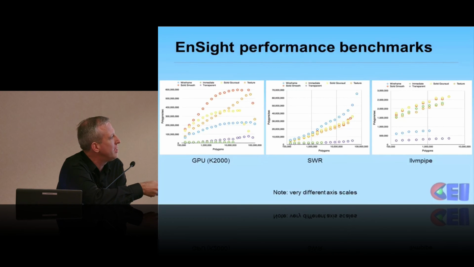But the part that I find interesting is, what is the fast path? On the GPU, our solid polygons rendered with smooth lighting were by far the fastest pathway, whereas with SWR it was wireframe. Now the other ones were all sort of in here, and then you've got this slower path down here, and that was our immediate mode.